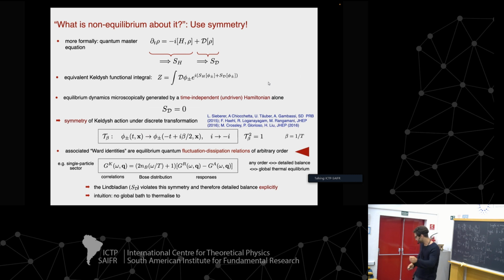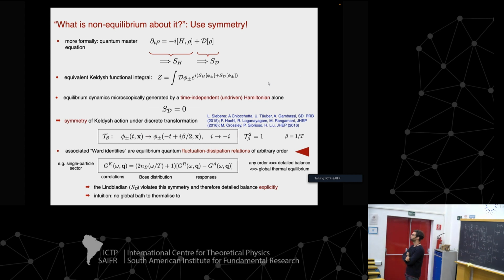Was that a question? Yes. If I'm given GK, GR, and GA, I can check whether this holds. But if I check at the single particle level, can it be that I violate that in the multi-particle case? That's a very good question, and it's exactly the point: you don't have to check each and every correlation function.